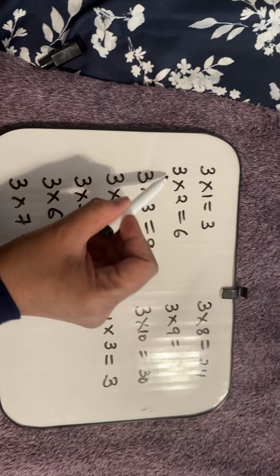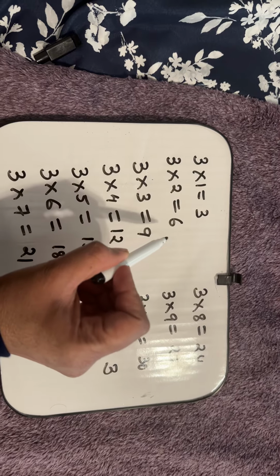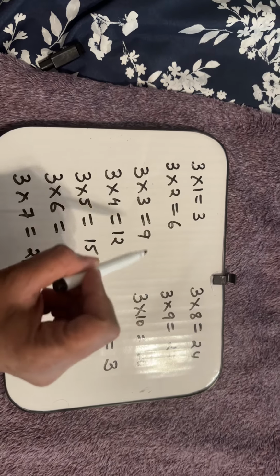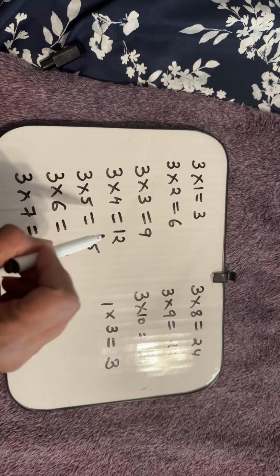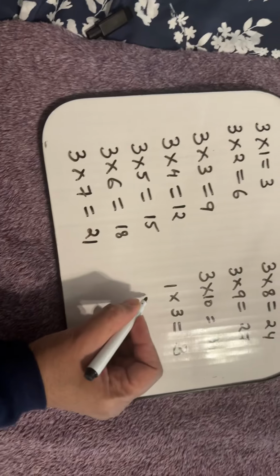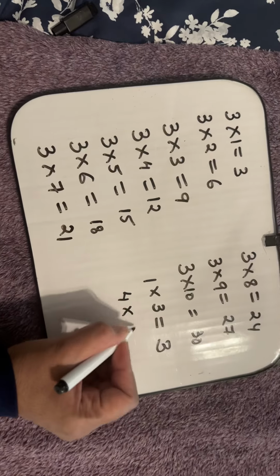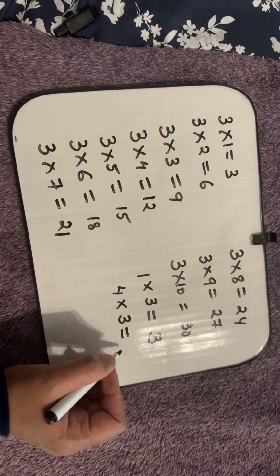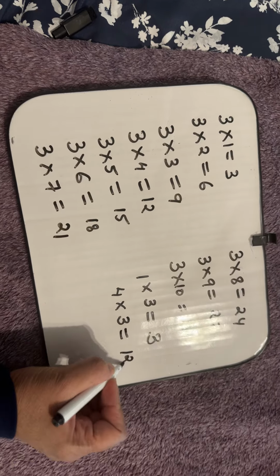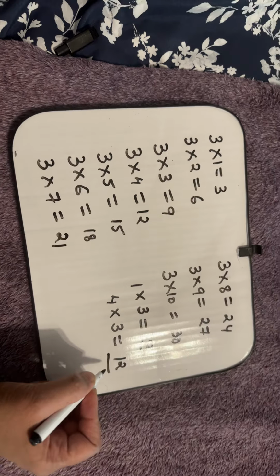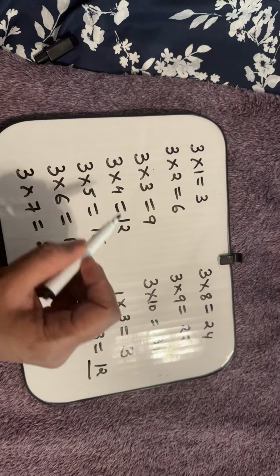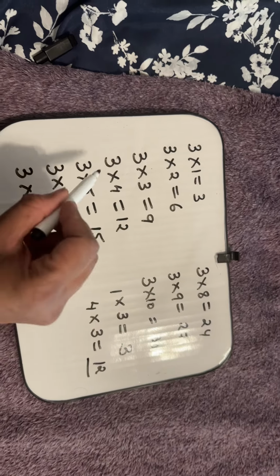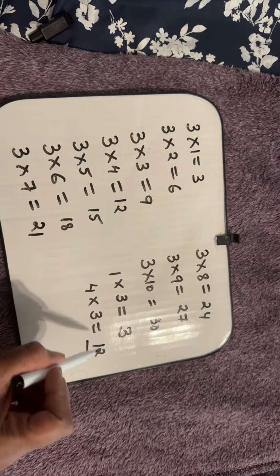So guess what? 3 times 2 is also 6. 3 times 3 is 9. 3 times 4 is 12. So if I go to the multiplication table of 4, 4 times 3 is also going to give me the answer 12. This answer is not going to change, it's interchangeable. So 3 times 4 is 12, 4 times 3 is also going to give me the answer 12.